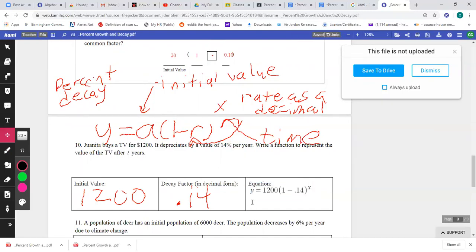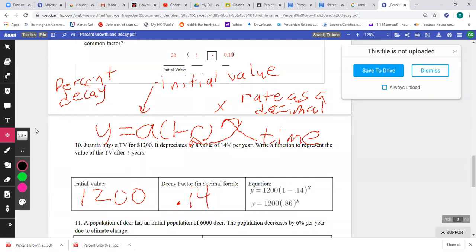And now we can enter 1 minus 0.14 into the calculator, and you get 0.86 taken to the x power. So y is equal to 1,200 times 0.86 to the x, and that's your formula.